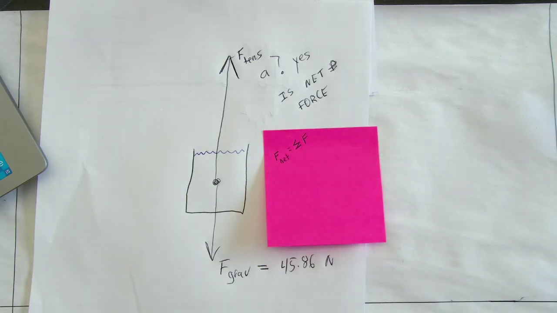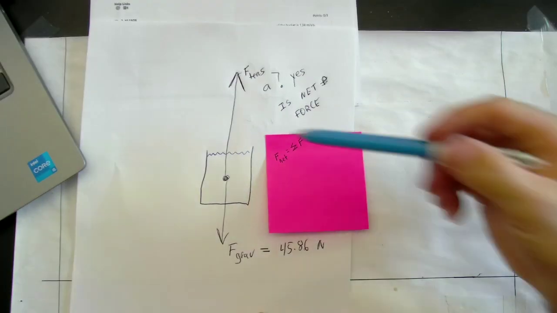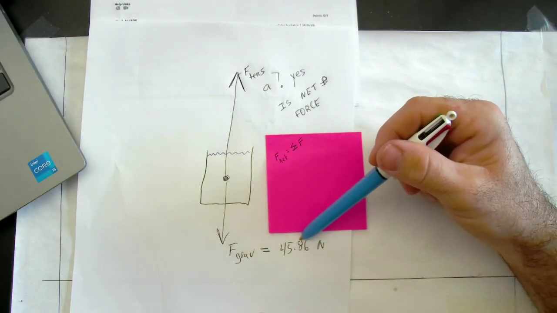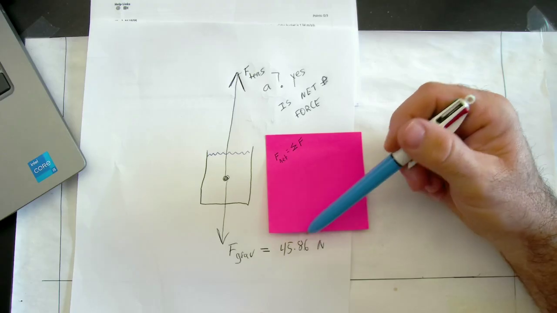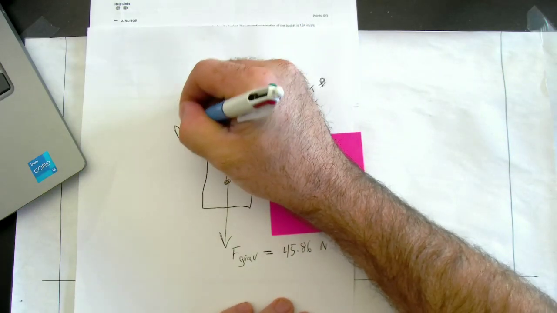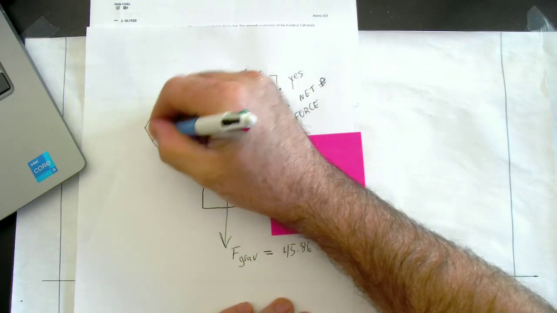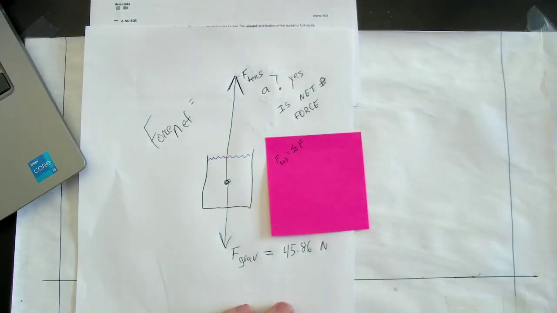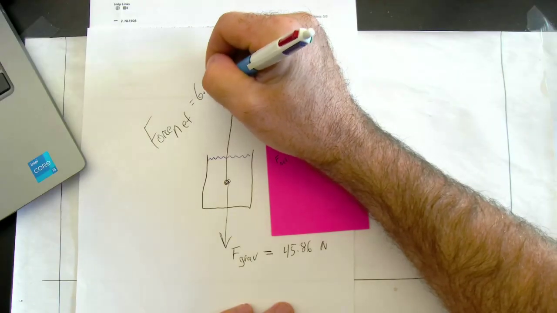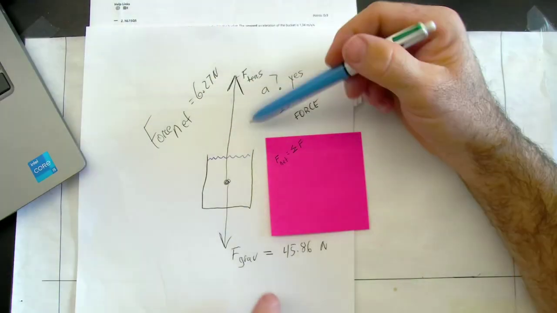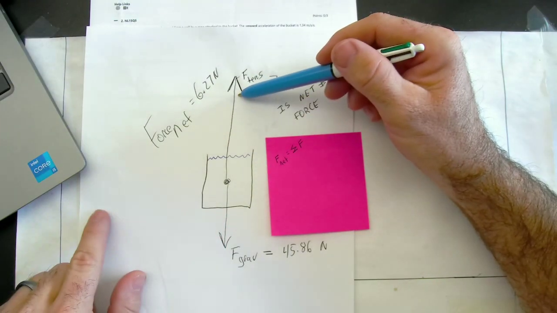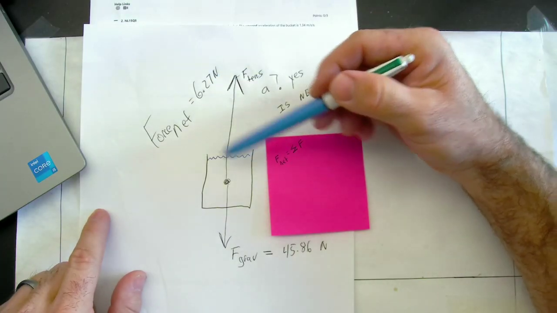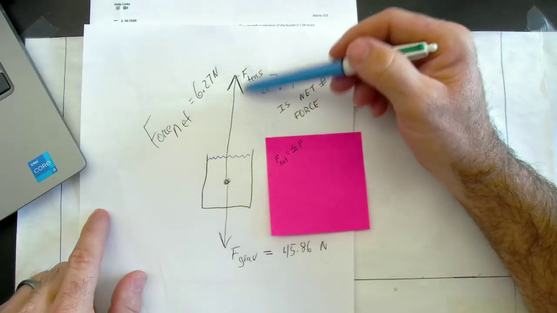Now, I personally think it's better if you can visualize and think about, well, if this is 45.86, and we know the net force is equal to that number we already wrote down, 6.27. If you can think, well, this force here needs to be this much bigger than this force, you kind of get that you need to add these two forces together to figure out what this is.